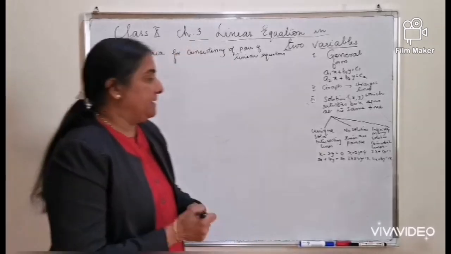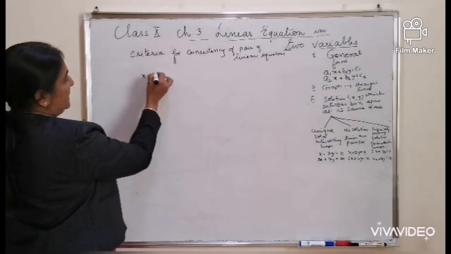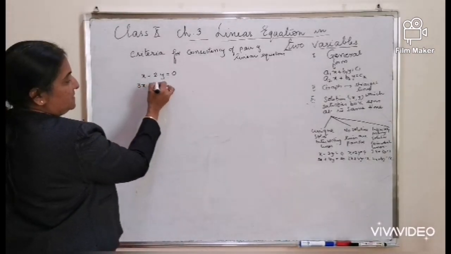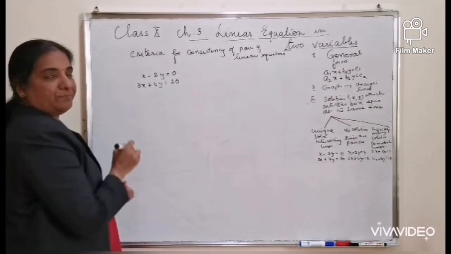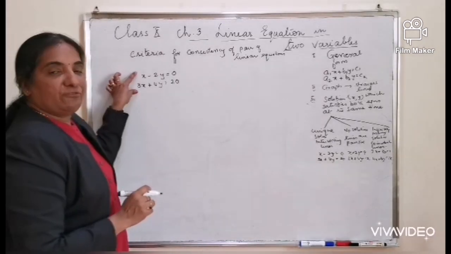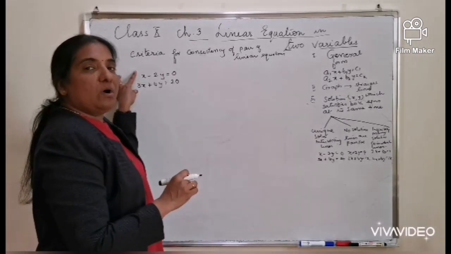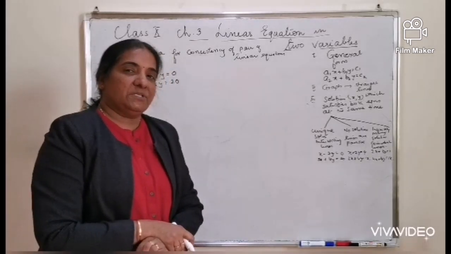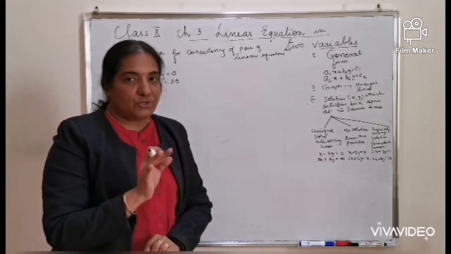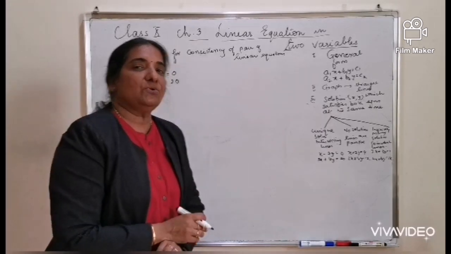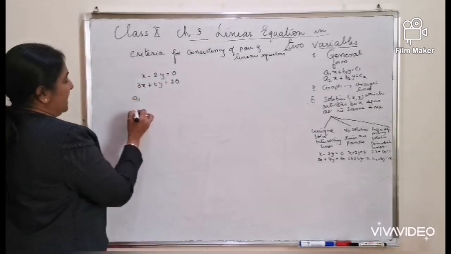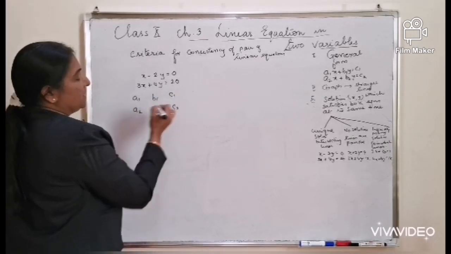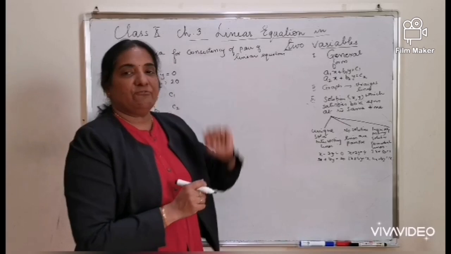By taking the examples, the first pair x minus 2y equal to 0 and 3x plus 4y equal to 20 gave you a pair of intersecting lines, which shows that the equations have a unique solution. Let's compare the values of a1, a2, b1, b2 and c1, c2 with the general form.